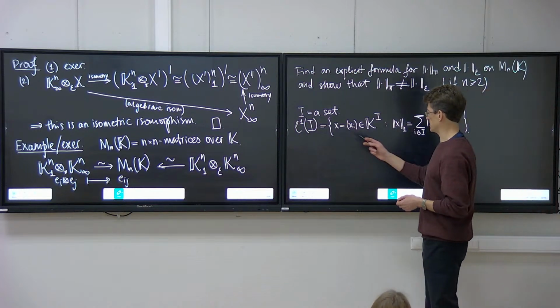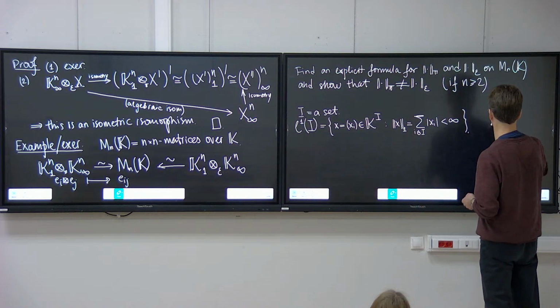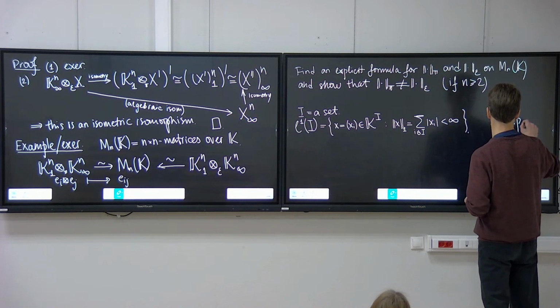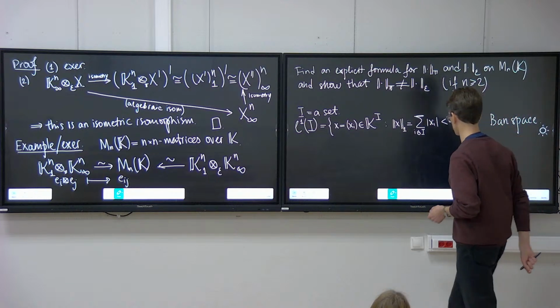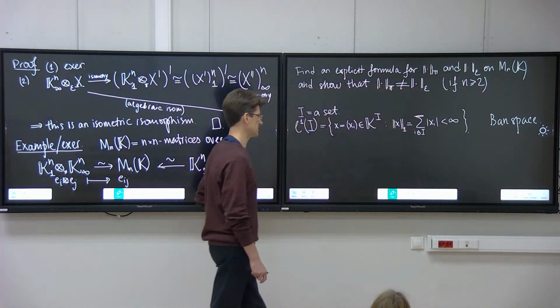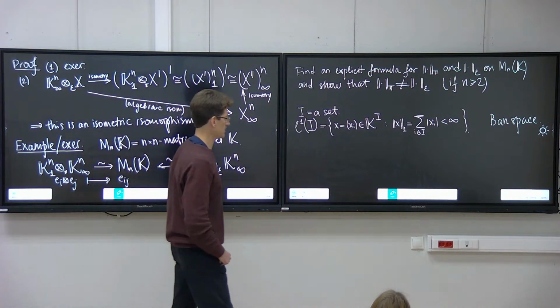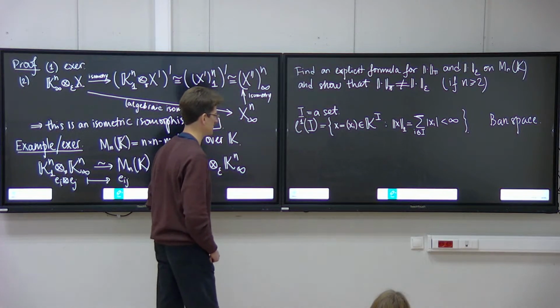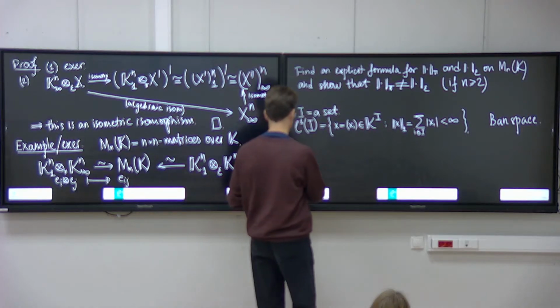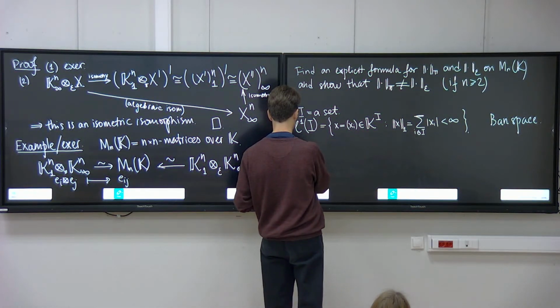Anyway, so L1 of I is a Banach space. This is well known in the case where I is countable, but the case where I is uncountable is similar. And we have the following proposition.